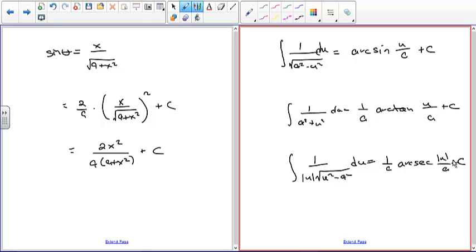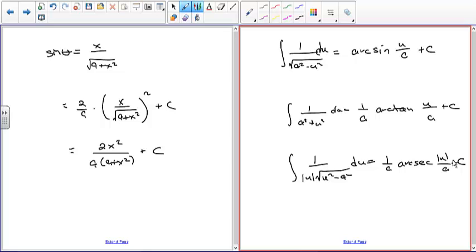So that's all we were able to do in chapter 5. And that was because we knew what the derivative of the arc sine was, 1 over the square root of a squared minus u squared. We were able to come up with these equations because we derived the derivatives of these 3 arc trig functions. We actually did it for all of the arc trig functions.